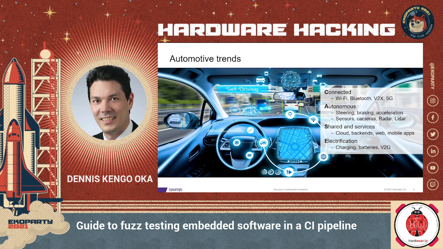Regarding connected, we see vehicles today with more connectivity and more communication interfaces, including Wi-Fi, Bluetooth, V2X, 5G, etc. Regarding autonomous, we see autonomous vehicles where we have advanced systems controlling the steering, braking, and acceleration of vehicles, as well as a number of different systems with sensors, cameras, radar, and LiDAR that process the input regarding the surroundings of the vehicle.